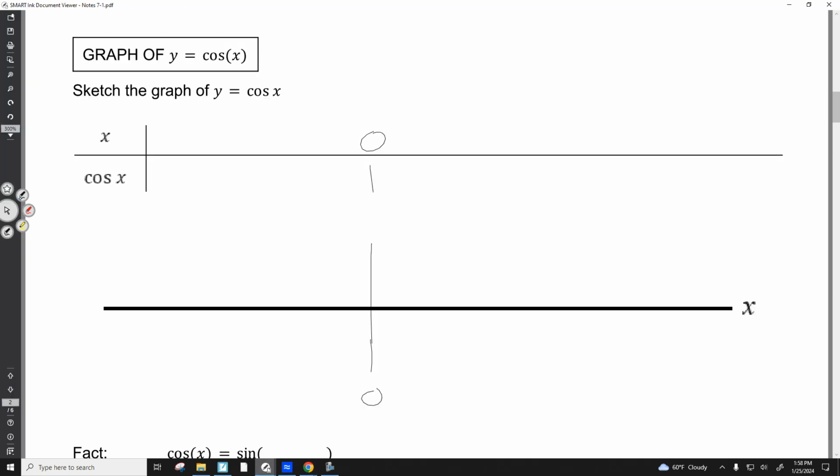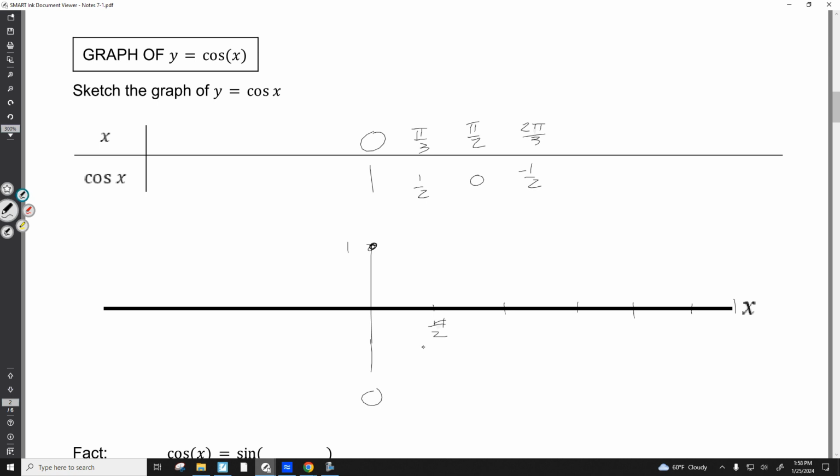We know that if we went to pi over 3, cosine of pi over 3 is 1/2. If we went to pi over 2, cosine of pi over 2 is 0. 2 pi over 3, -1/2. Okay, this is interesting. I'm starting at 1. Pi over 3 is like 1, 2 pi over 3, 3 pi over 3, 4 pi over 3, 5 pi over 3, 6 pi over 3.